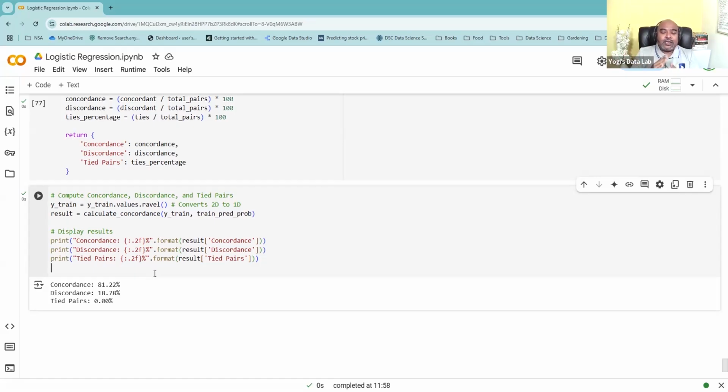Then we also looked at the ROC curve and AUC, where we saw that the area under the curve is 80%. So it's a decent model. Along with that, we also saw that the concordance percentage is 81%. And hence, all these indicators show me that I have a decent model and I can go ahead with this model. So this is all we have for the case study.